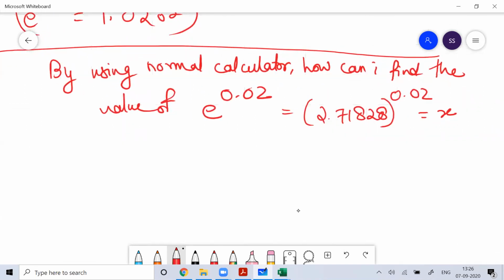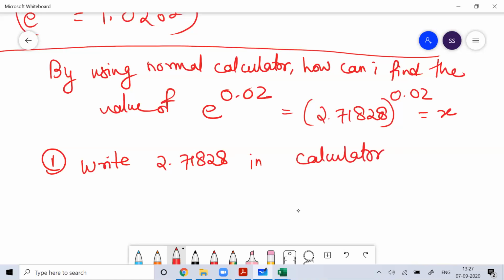So what you do is write 2.71828 in the calculator.